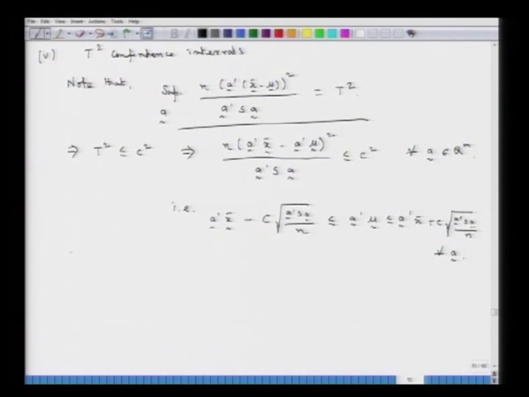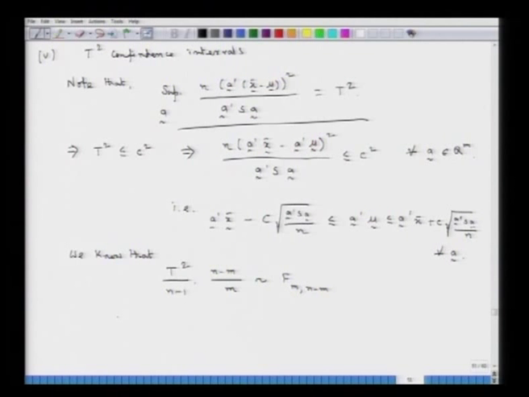Now we further know that this T squared by n minus 1 into n minus m by m, we have seen this time and again, follows an F distribution with m and n minus m degrees of freedom.